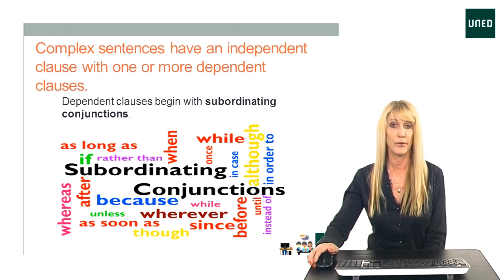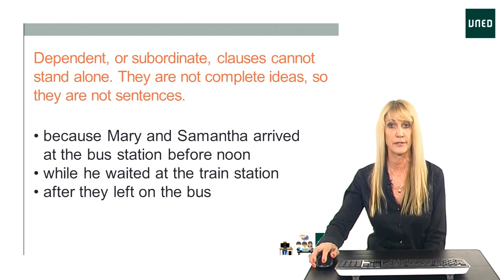These are some examples of subordinating conjunctions. We use subordinating conjunctions to begin dependent clauses. So words like while, because, if, whenever, these are all subordinating conjunctions that will begin dependent clauses.